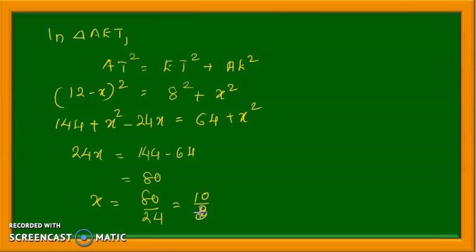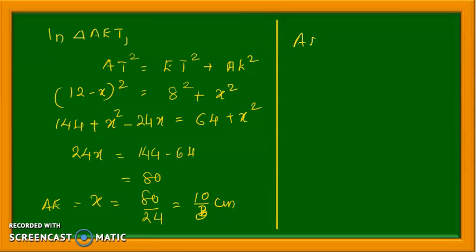10 by 3 centimeter is nothing but what? That is AE here. Triangle ABT is an isosceles triangle with AT and BT equal. So AE divides the base into equal parts.